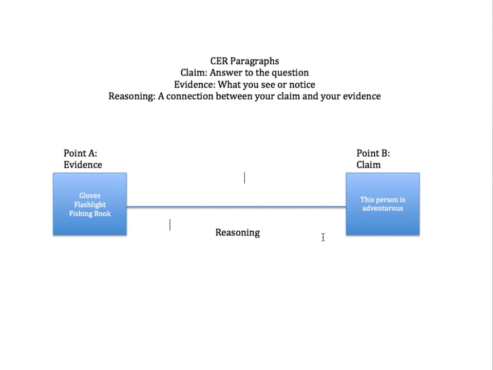So the best thing to do with your reasoning is to make statements that you know the reader will agree with. Okay, so you want to make statements that the reader will almost always agree with. So really, the statements that you're going to make for your reasoning are going to mostly consist of facts and generalizations.